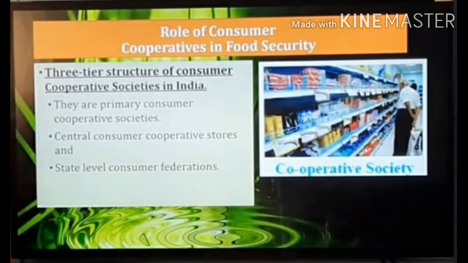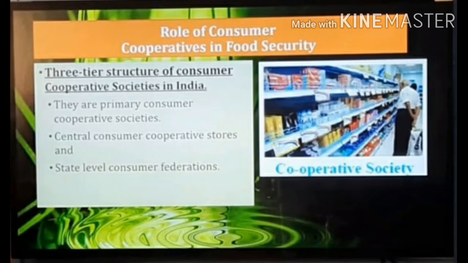Role of consumer cooperatives in food security. Consumer cooperatives play an important role in the supply of quality goods at reasonable rates to common people. There is a three-tier structure of consumer cooperative societies in India. They are the primary consumer cooperative societies, central consumer cooperative stores and state-level consumer federations.